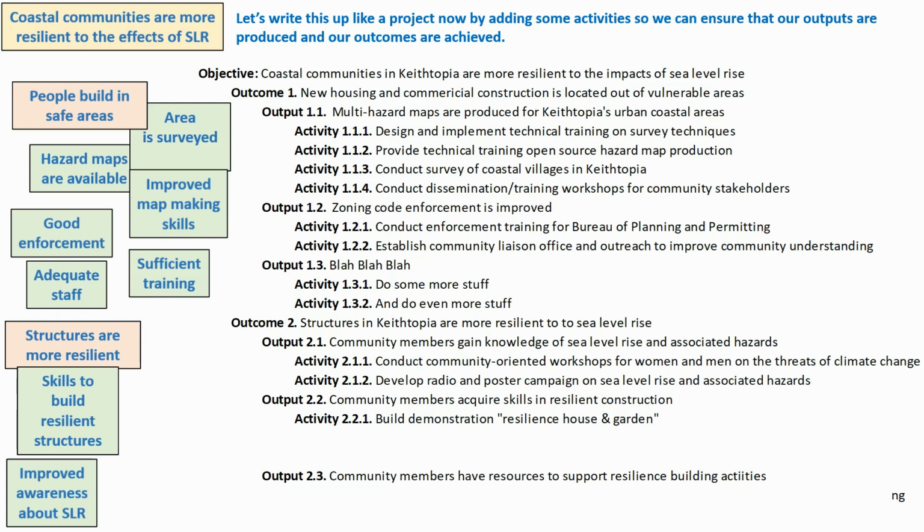The resilience house is something that we're going to hire an architect to build. The architect will design a resilience house that is strong for wind, and it's built up on stilts so that it's appropriate for sea level rise, and that it has good air circulation.